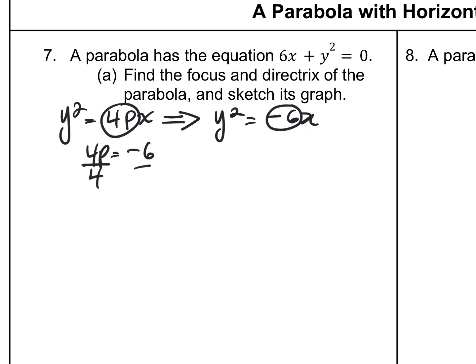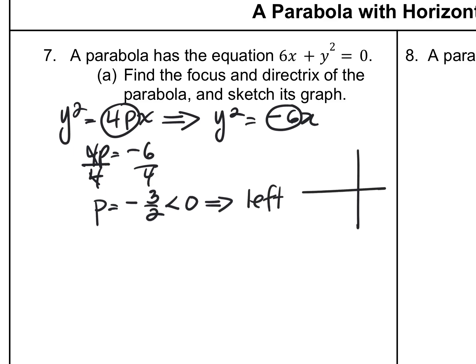Dividing both sides by 4, p is going to give you -6/4, or in its simplest form, -3/2. Since our p is equal to -3/2, and that's less than 0, it means that our graph is going to be opening on the left side. So it will be looking this way, something like this.